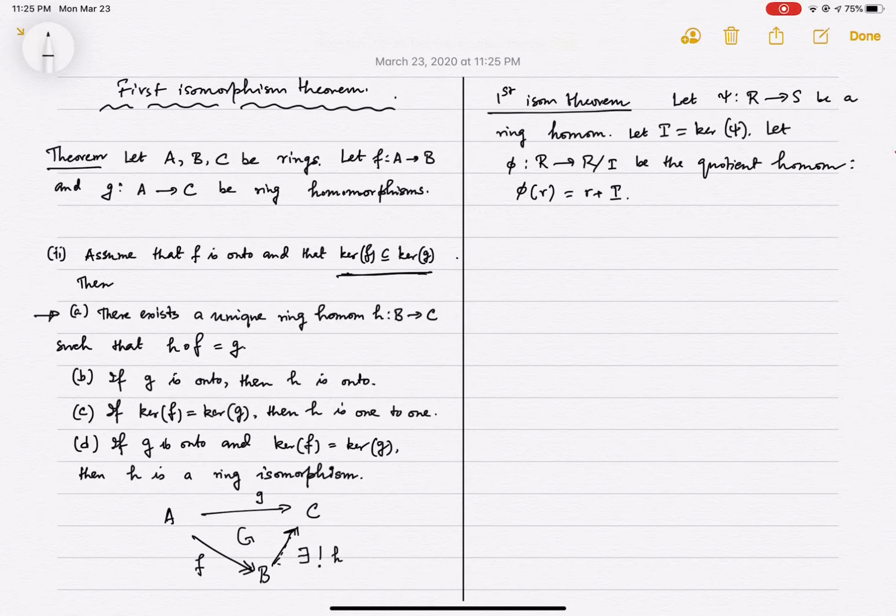This is an onto ring homomorphism whose kernel is just I.